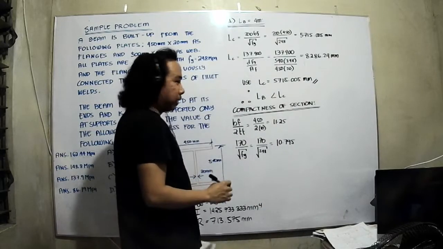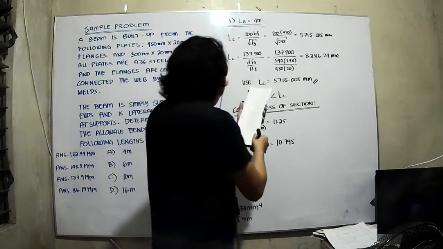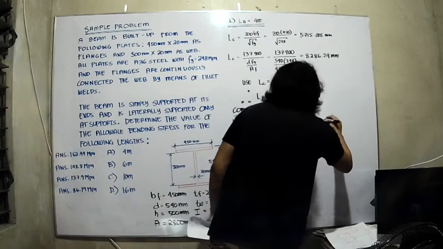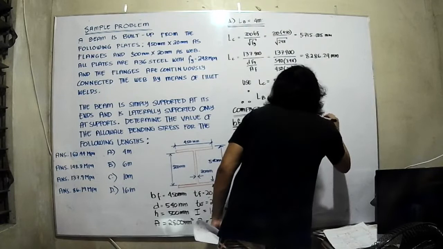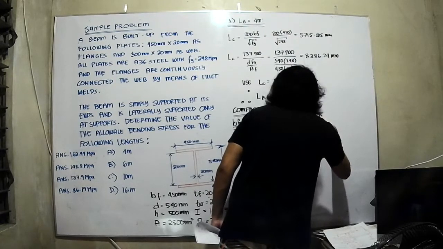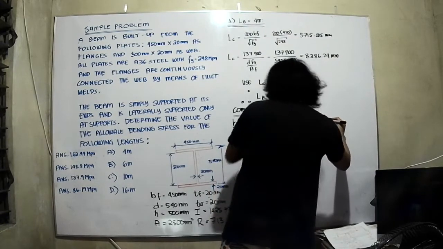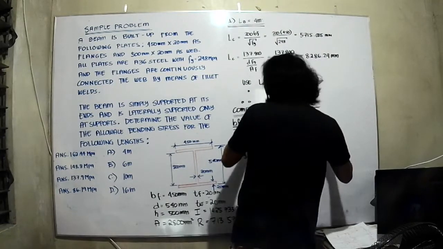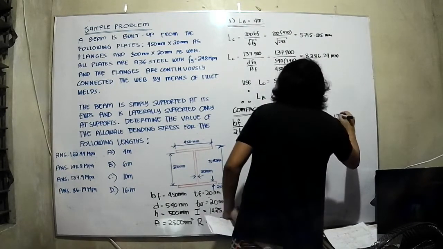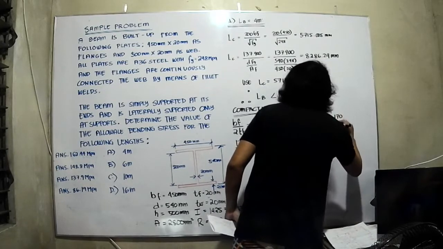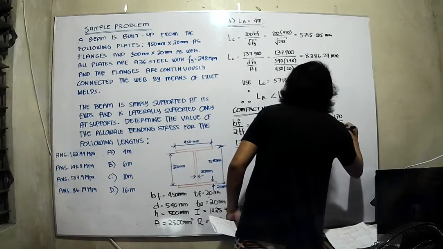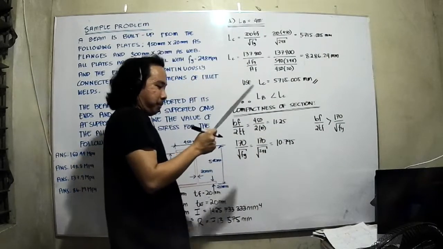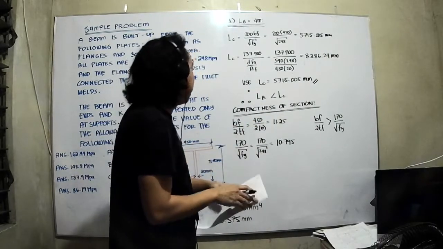So we can conclude that BF over 2TF is greater than 170 divided by square root of Fy. So clearly it is not compact.